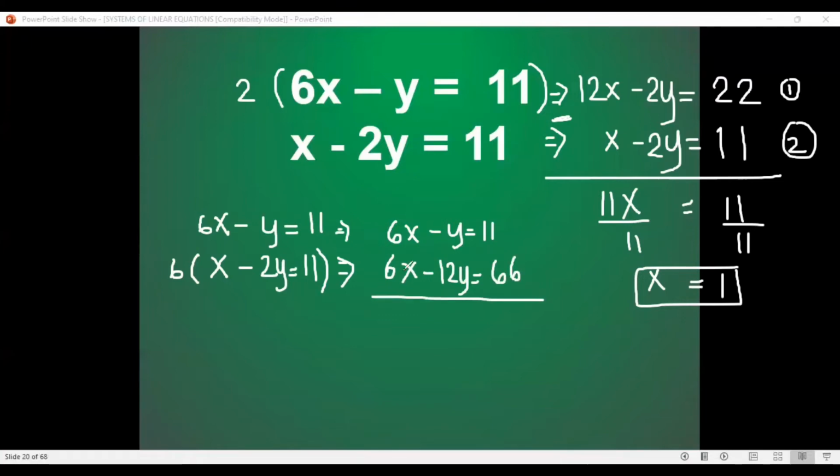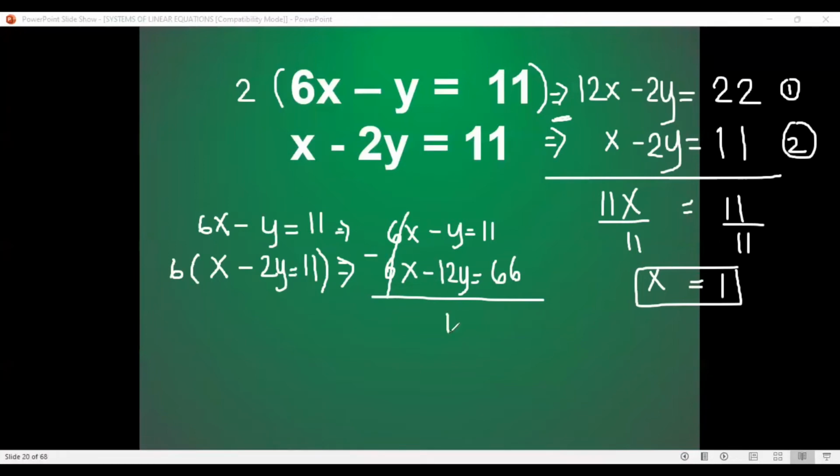Here, we can have elimination by subtraction once again because they have the same sign. So 6x minus 6x becomes 0, and we have here negative y minus negative 12y. Using your law of exponents, this automatically changes the minus to a positive.